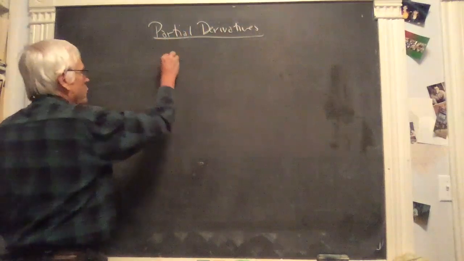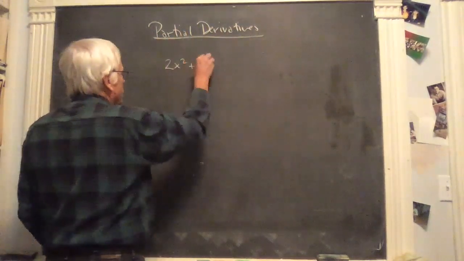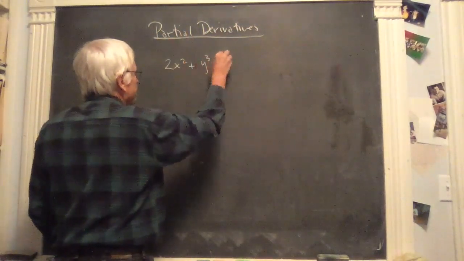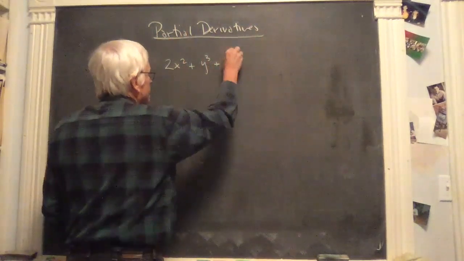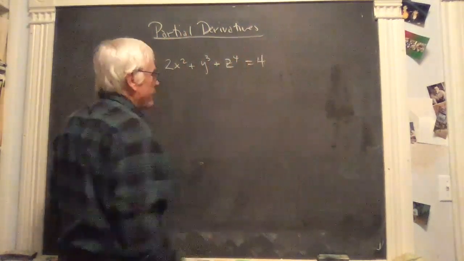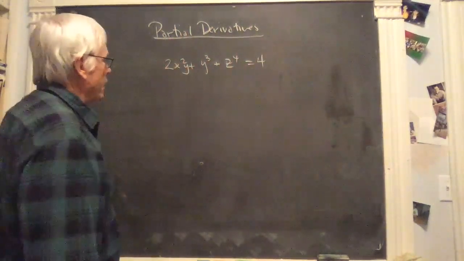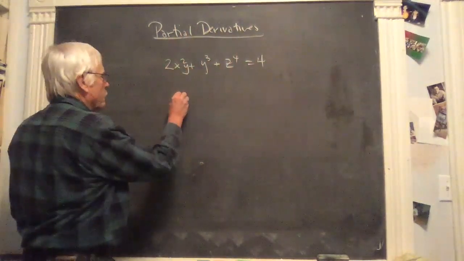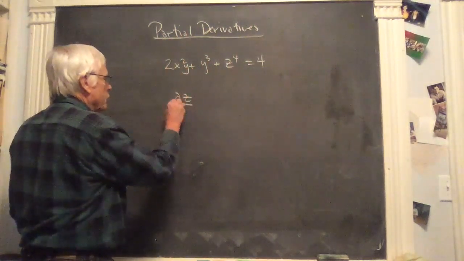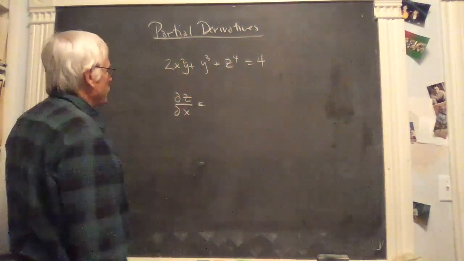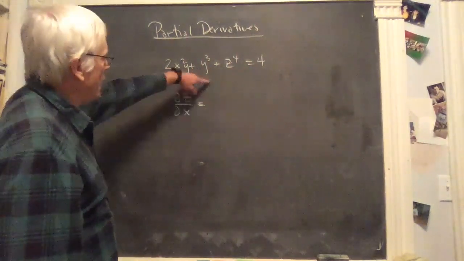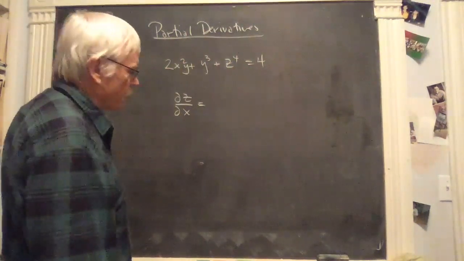Usually when we take partial derivatives, at least for examples, we have an equation. It can be a little complicated. You can have some products. But when you take the partial derivative of, say, z with respect to x, you just go through and treat the y as a constant and take the derivatives.